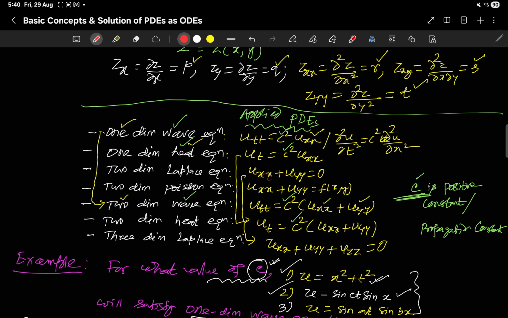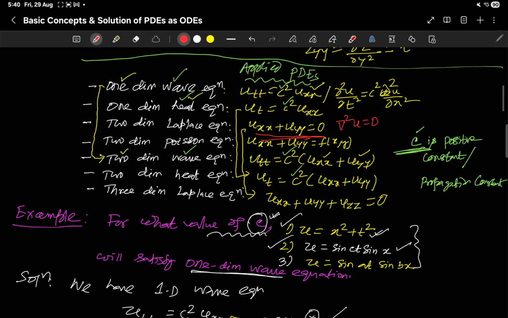Now in view of the Laplace equation, you can write del square u is equal to 0. And also here you can write del square u is equal to 0. What is your del?